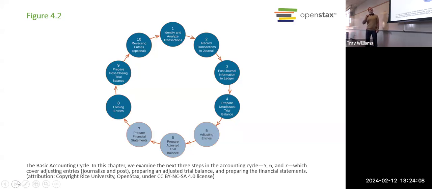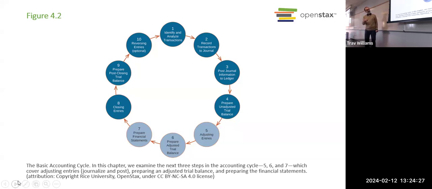All right, so here we see the 9 required steps in the accounting cycle. Again, last week we really focused on the first 4. Identifying and analyzing transactions, the journal, the ledger, and the first trial balance, which is unadjusted, right?